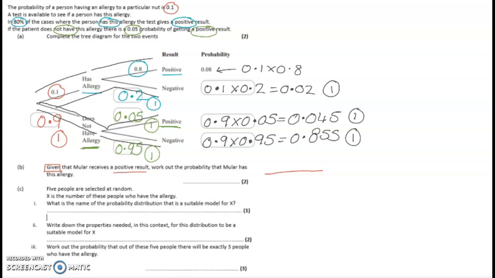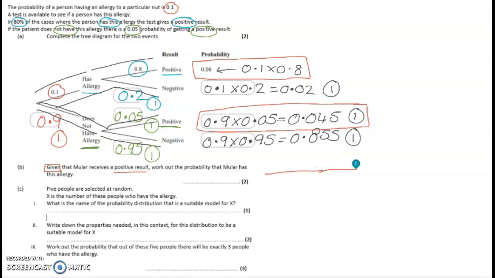I could have the allergy and have a positive result, so this top probability here. Or I could not have the allergy and get a false positive result, which is this third probability here. Those are all the different ways I could get a positive result. So they are the denominator of my fraction.